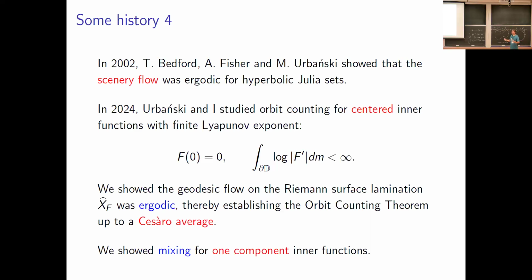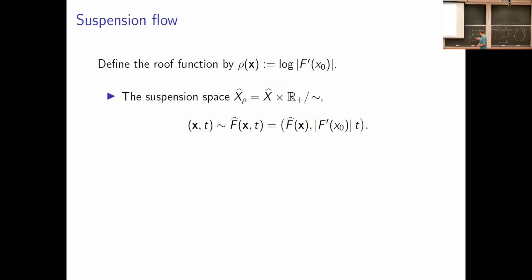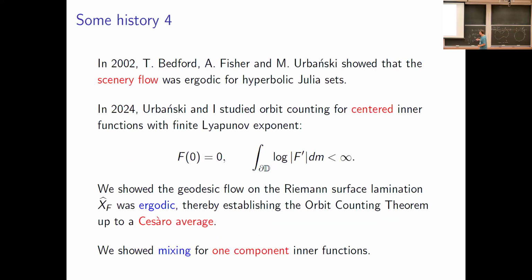It turns out that the two works are orthogonal and have different sets of challenges. In some ways, inner functions are simpler than general rational maps because they are uniformly hyperbolic.